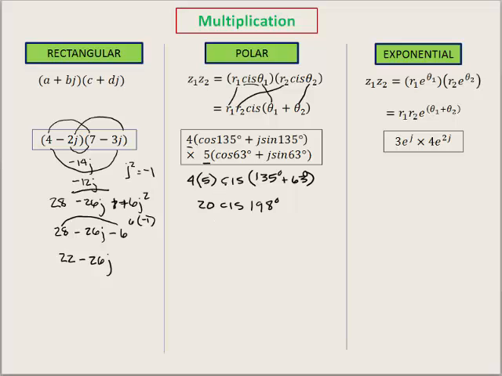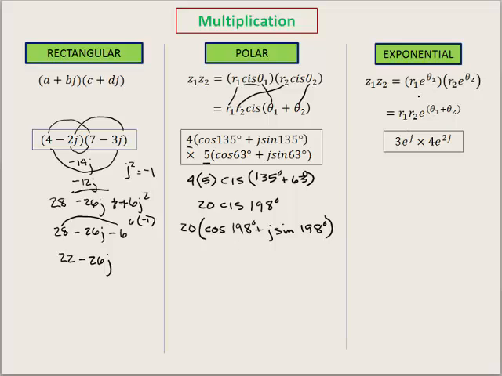Now it's very simple to use the CIS and get that set up correctly, but we could have written it in the original format that it came in. 20 cosine 198 plus, let's put that degree symbol in there. There we are. So there's your polar format.